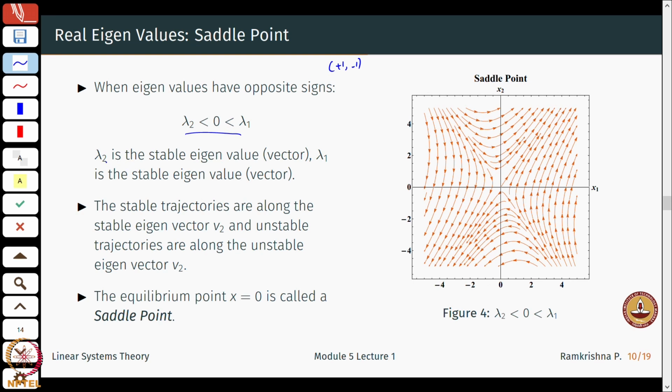We call lambda 2, which is less than 0, the stable eigenvalue, and correspondingly the stable eigenvector, and lambda 1 the unstable eigenvalue and hence the unstable eigenvector. So, lambda 1 is stable and lambda 2 is unstable. This is a little typo here.